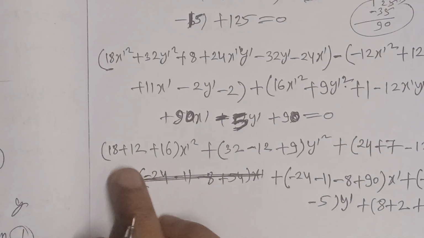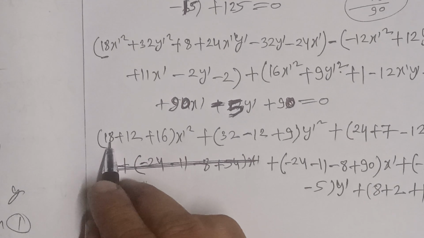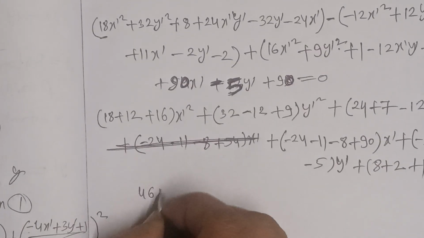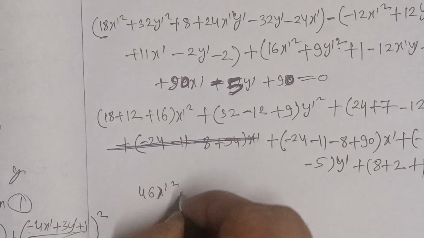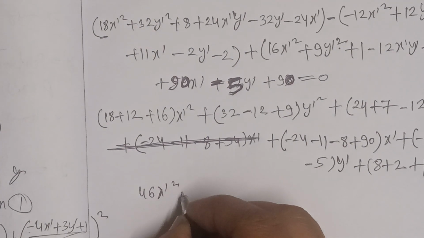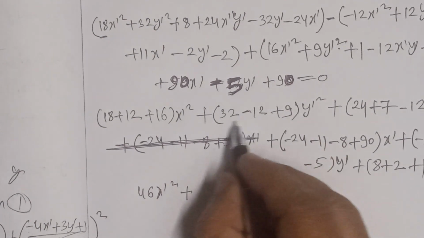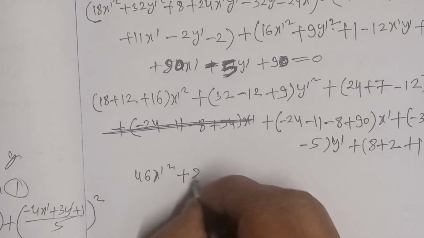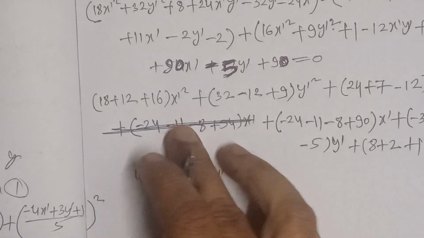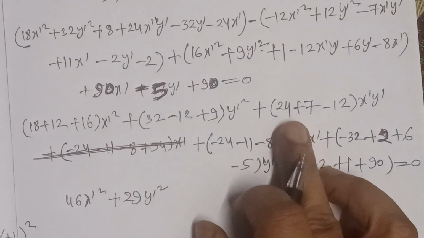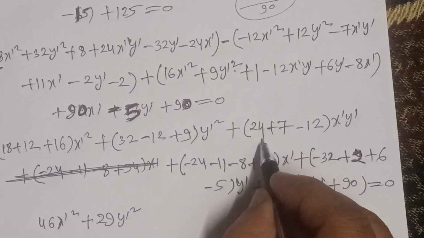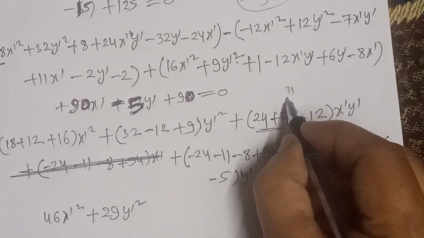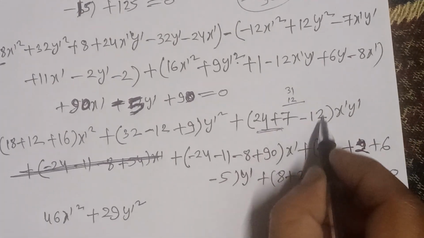On adding these values, we get 46 x dash square, and on solving this, it becomes 29 y dash square, and also this value becomes 31, and we have to subtract from this value.